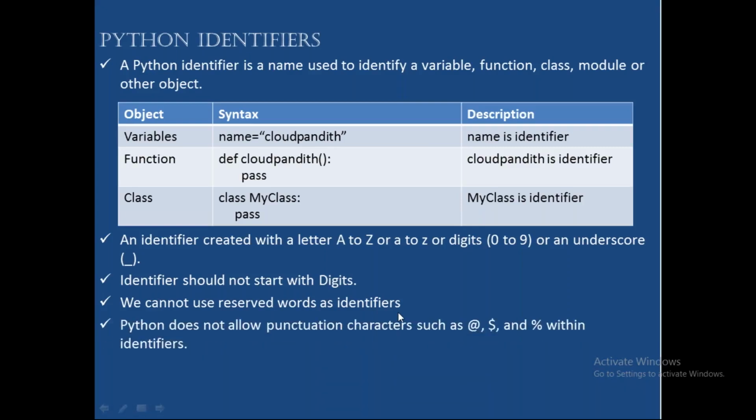Next, Python does not allow punctuation characters such as @, dollar, percent within the identifier. We should not use @, dollar, percent within the identifier. Okay. Python is a case sensitive programming language. So try to understand this, friends. A lot of errors will come just because of this. Python is a case sensitive programming language.